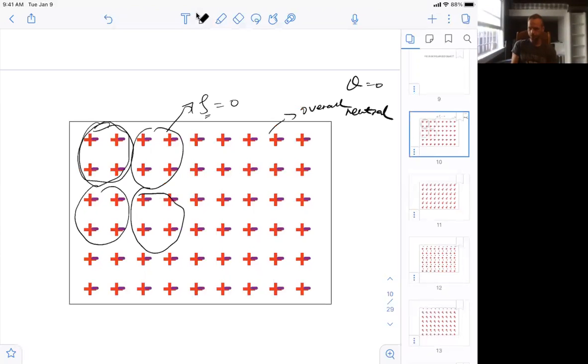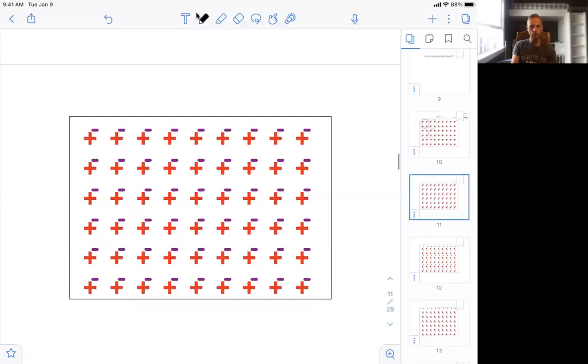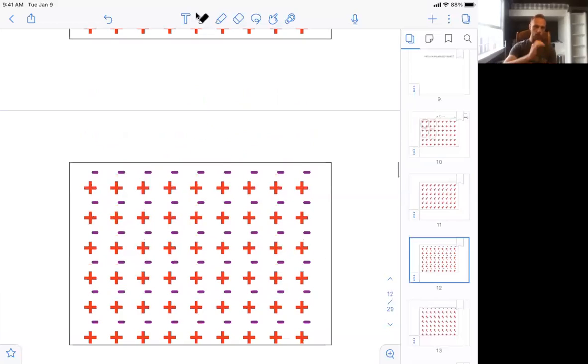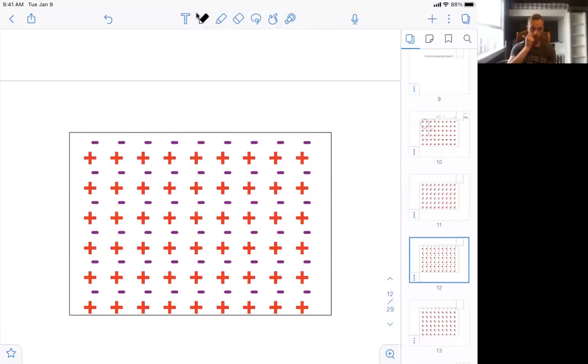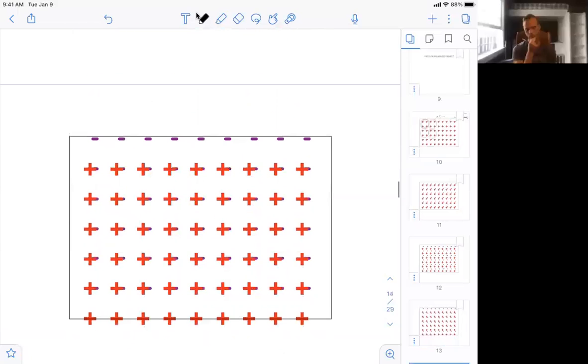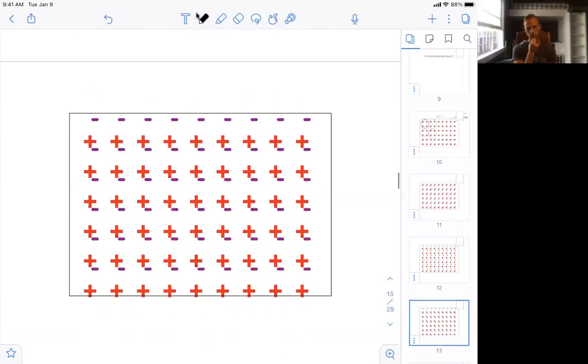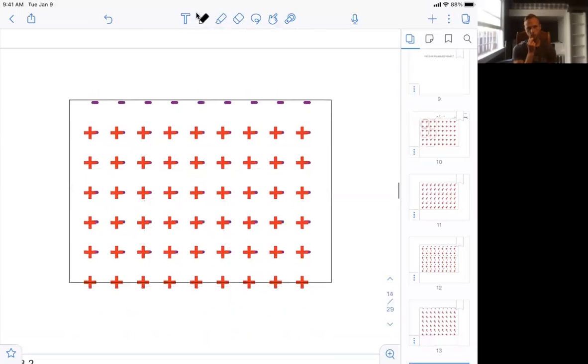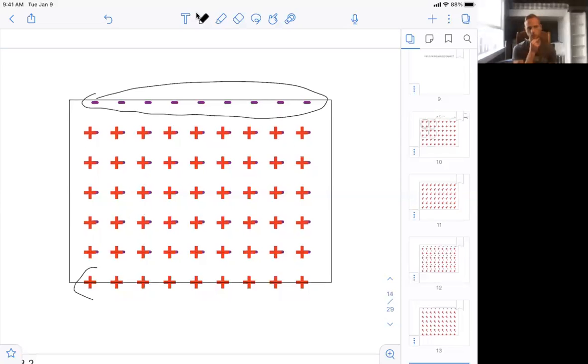Now apply some external E field. You can see these positive and negative charges are shifted a little bit, and the next slide shows them shifted a little bit more. Eventually they become like this. You can see that the extra charge is only living on the surface here and here.